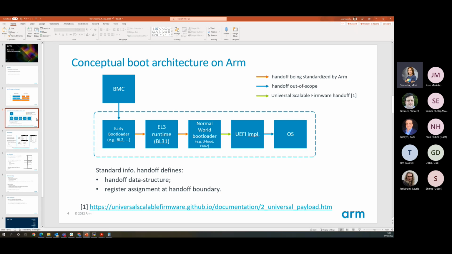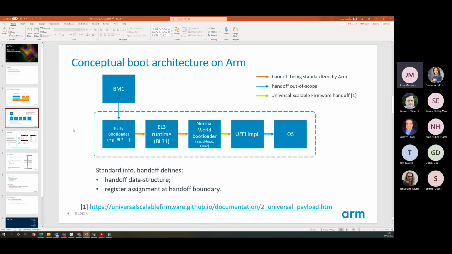But now looking in detail at what the boot flow looks like on ARM, and by the way, this is really just an example boot flow.